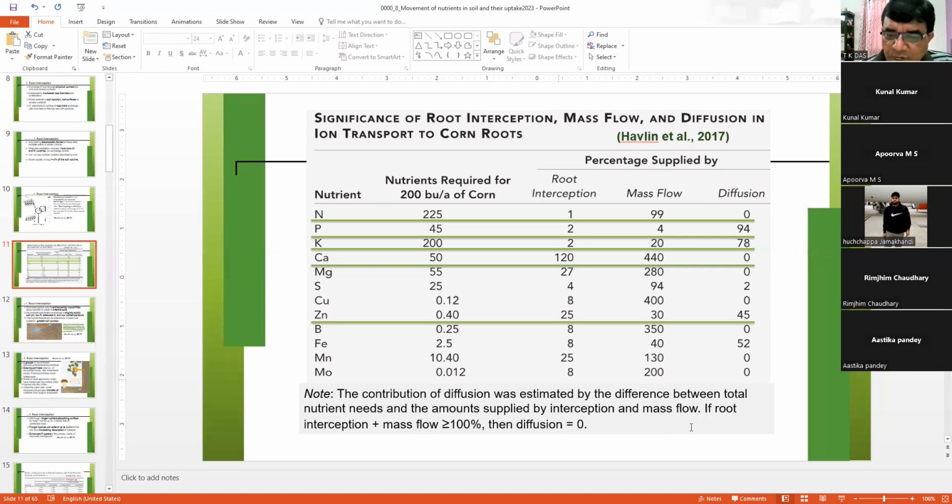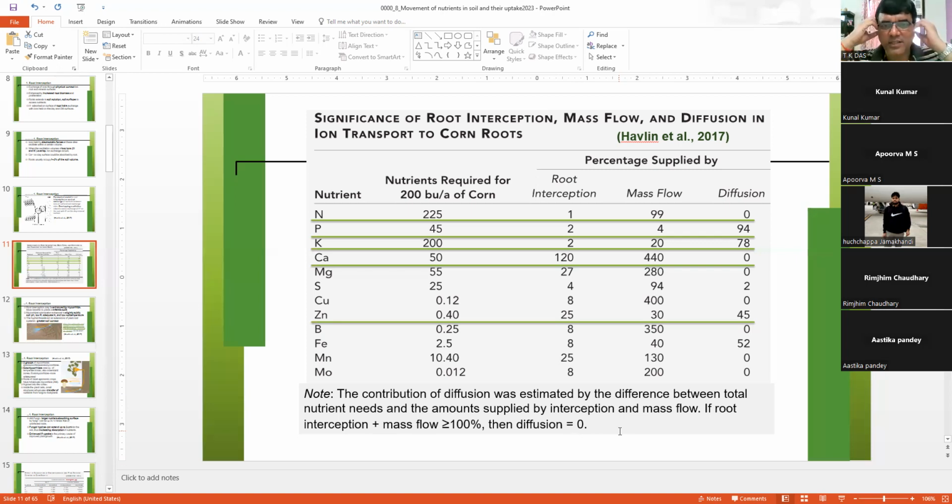If root interception plus mass flow is more than or equal to 100%, then diffusion is zero. So they have fixed the diffusion as zero when the total of interception and mass flow is more than or equal to 100%. This is just relative uptake by interception, mass flow, and diffusion.